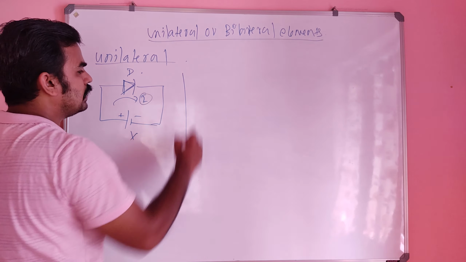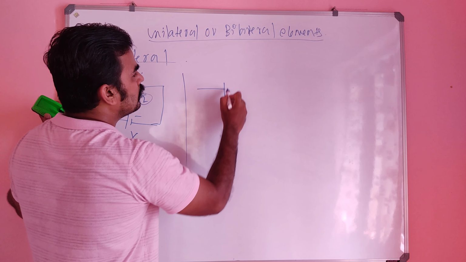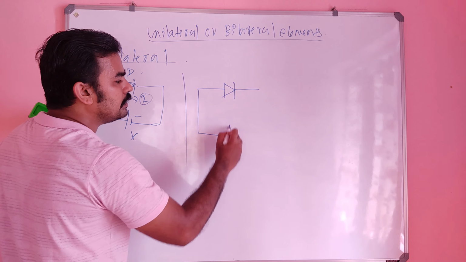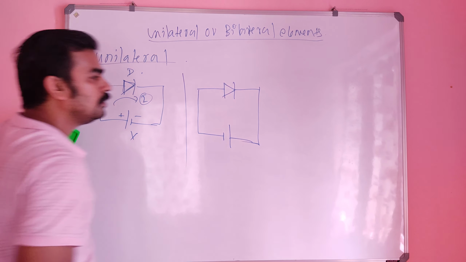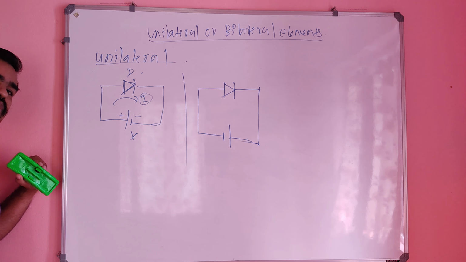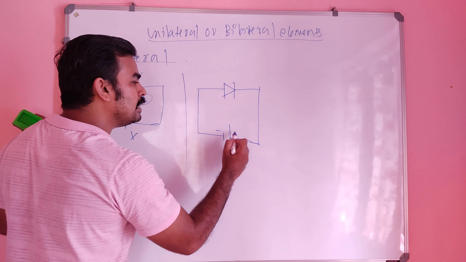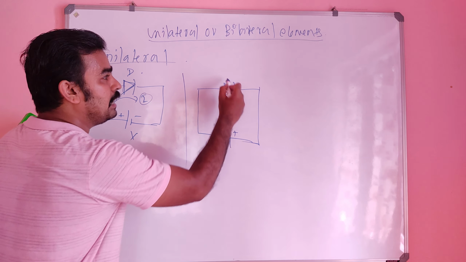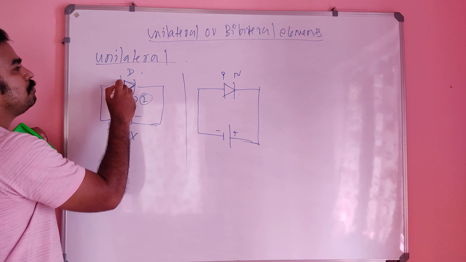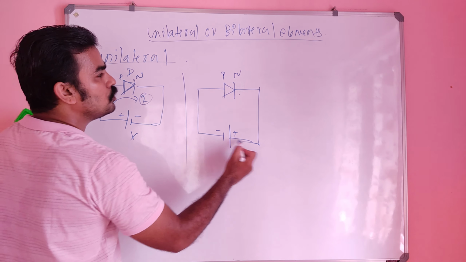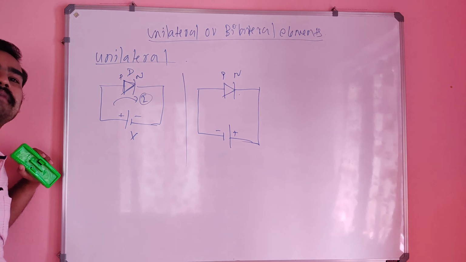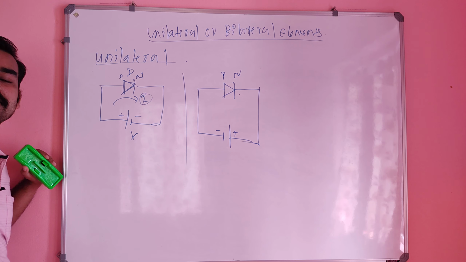Consider another case in which the diode is the same, but I am reversing the polarity. Then what happens? This is negative and this is positive. So positive is connected to the N side, this is the PN junction, and negative is connected to P, so the diode will be reverse biased.